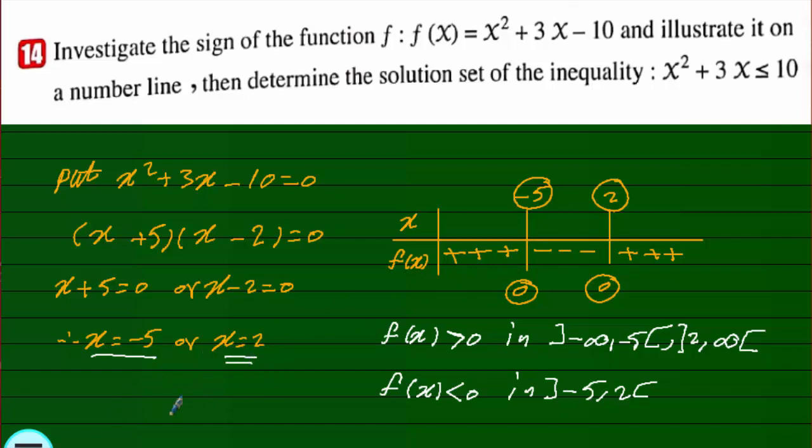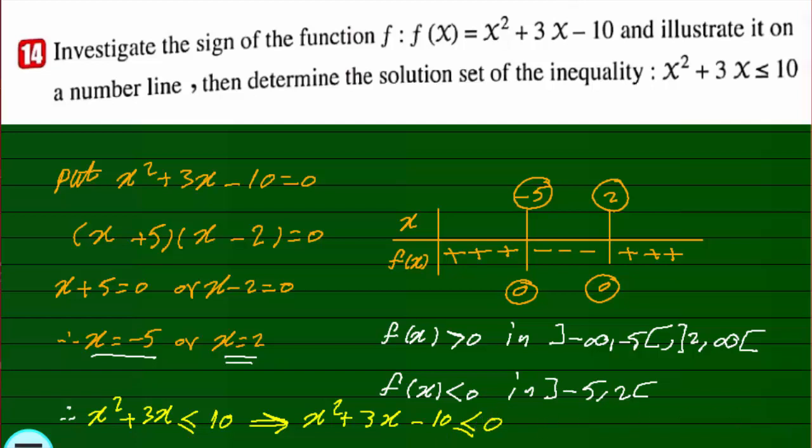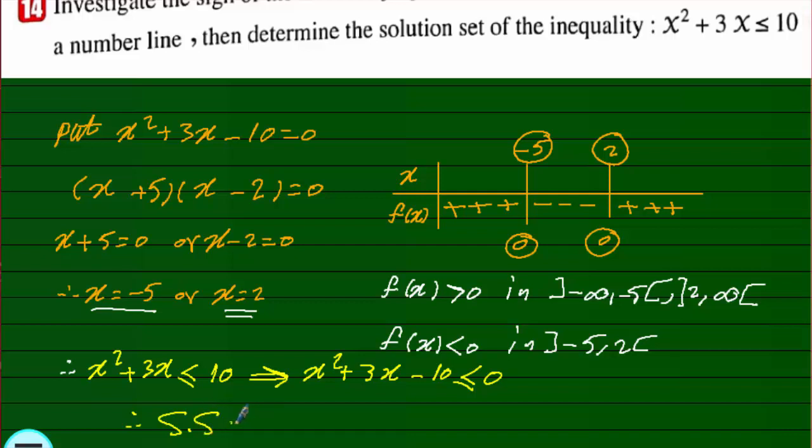Now we have x squared plus 3x less than or equal 10, so x squared plus 3x minus 10 is less than or equal 0. So the solution set of the inequality equals the closed interval from -5 to 2.